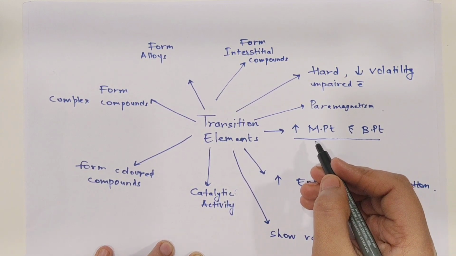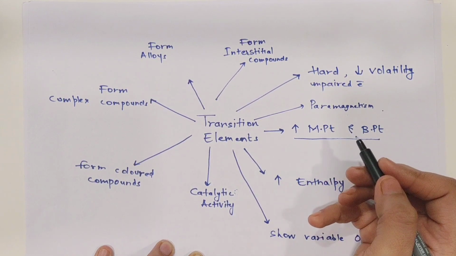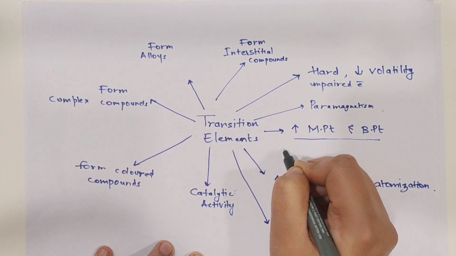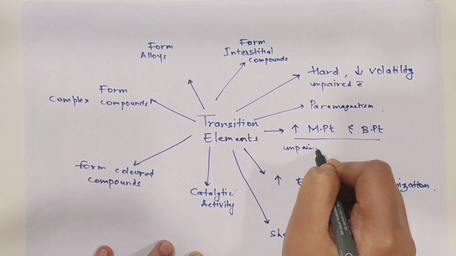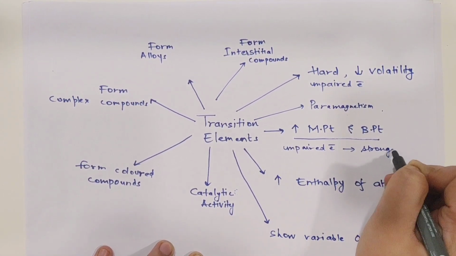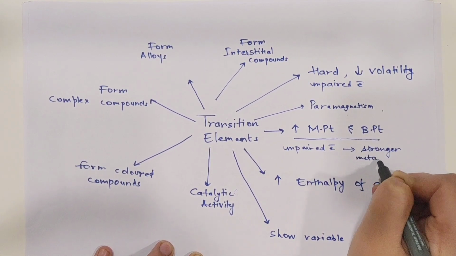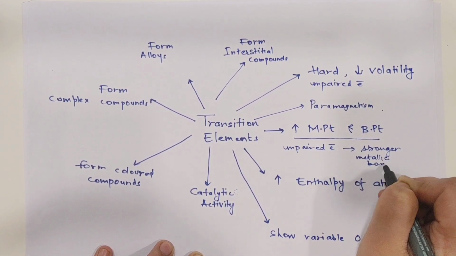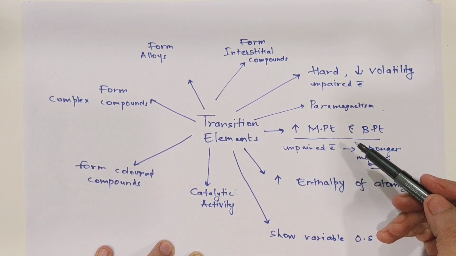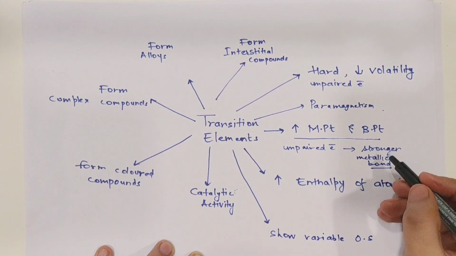Higher the number of electrons, stronger is the metallic bonding. So, they have unpaired electrons, which leads to stronger metallic bonding. Stronger bond between atoms means you will have to give energy to separate those atoms. That means high melting point and high boiling point. Okay?